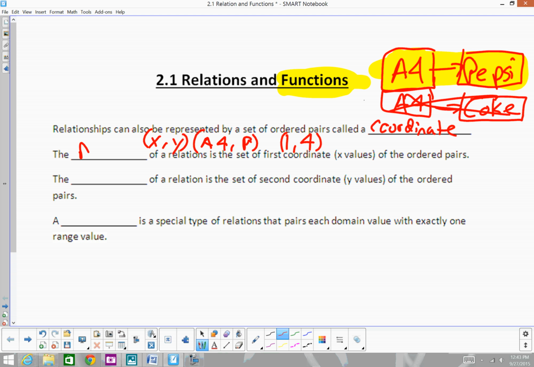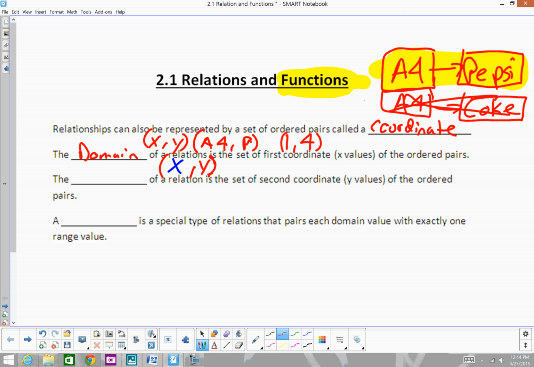The domain of a relation is the set of first coordinates, or x values, of the ordered pairs. So if I'm talking about x comma y, my x value is always going to be part of my domain. My y value is another type of value that we'll talk about in a moment.